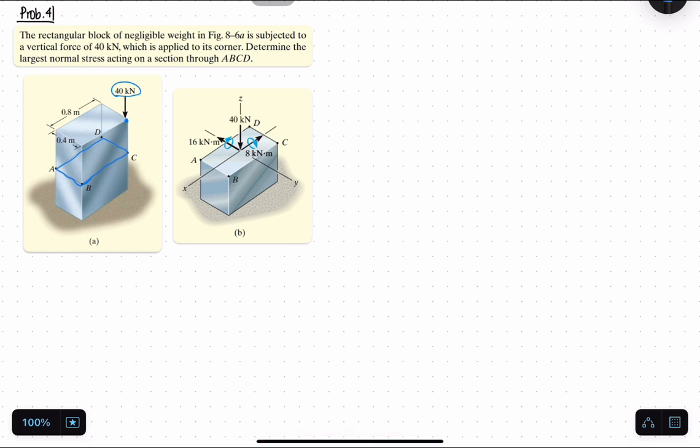Okay, so kung i-cut natin, class, yung section na to and then consider the bottom segment of the block, ito class yung magiging FBD natin. Bottom of the block. Okay, yan yung magiging FBD na bottom of the block.